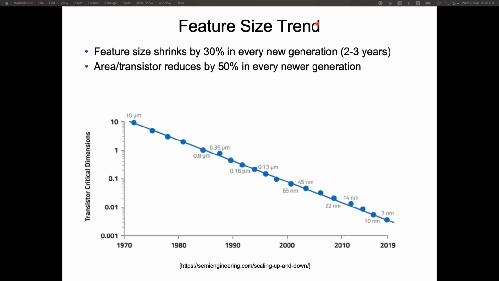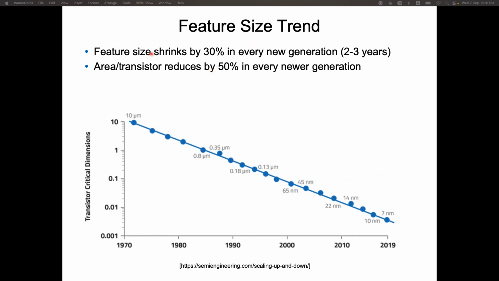And this transistor count trend is enabled by this feature size reduction. We can make a transistor smaller and smaller. So every 2 to 3 years, we get a new generation of fabrication technology.